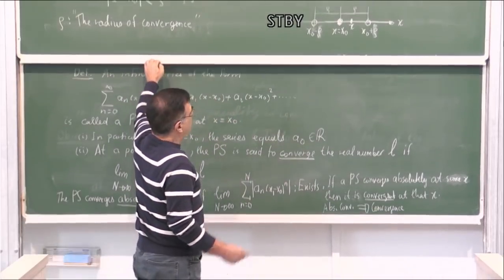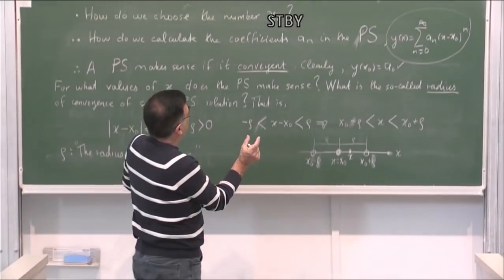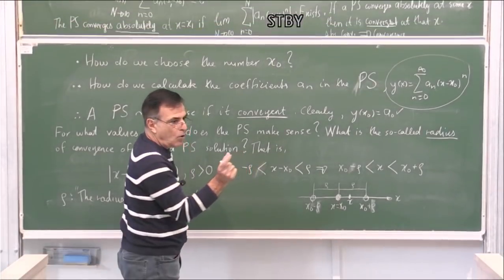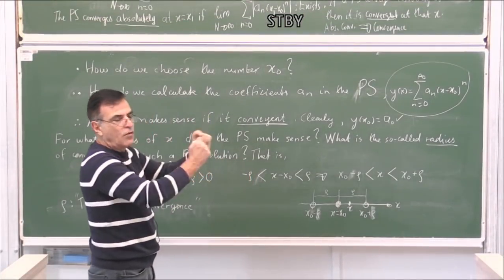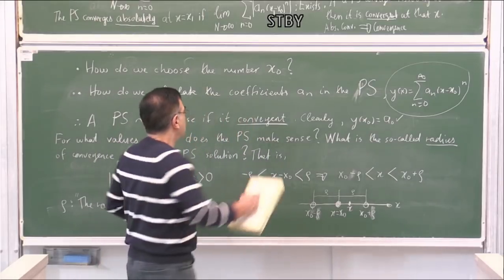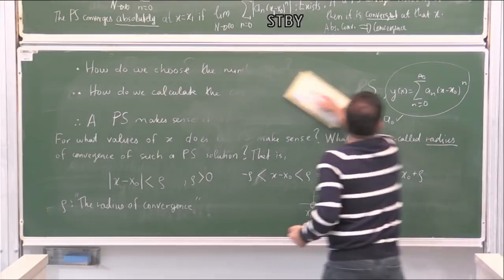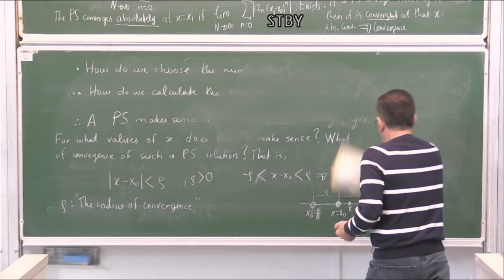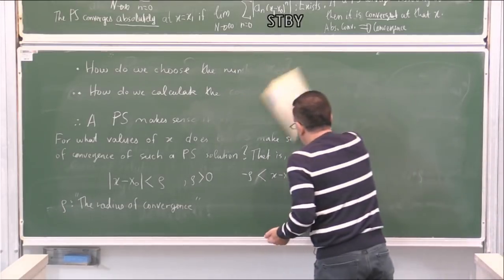Now, to find the set of all x values, or an interval of x, in which the power series is convergent, we use, for example, the ratio test.